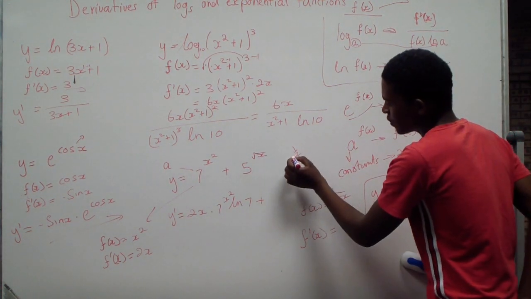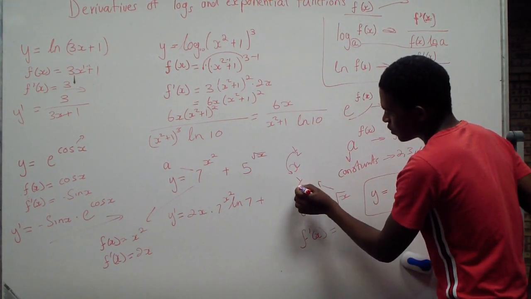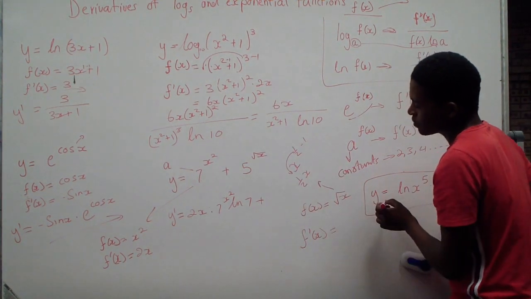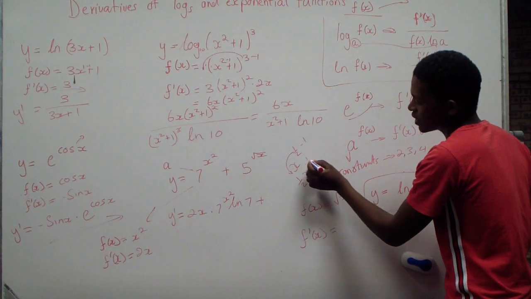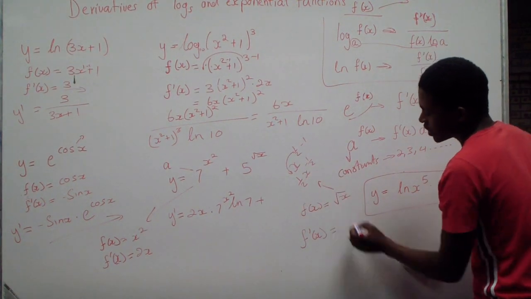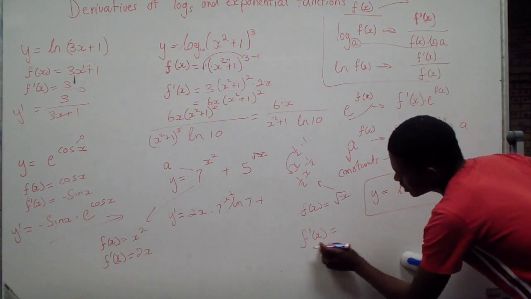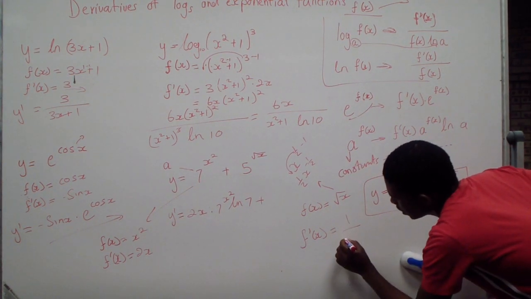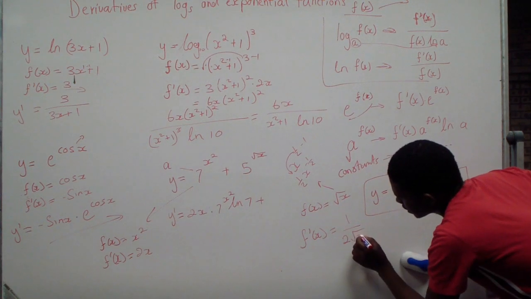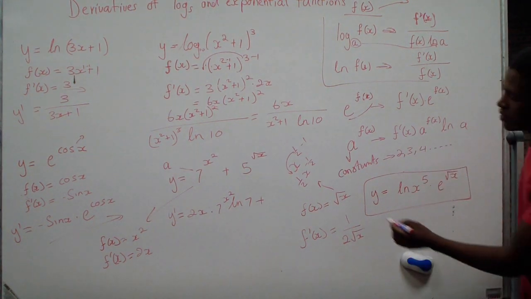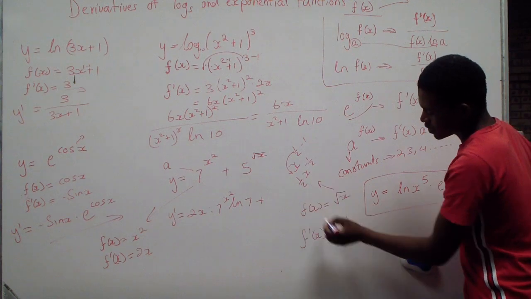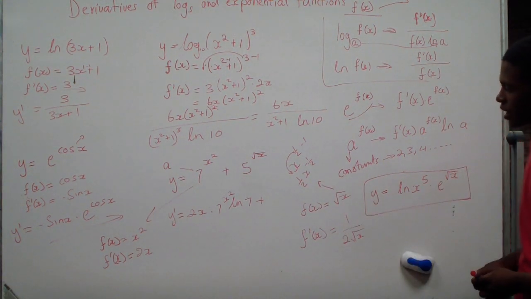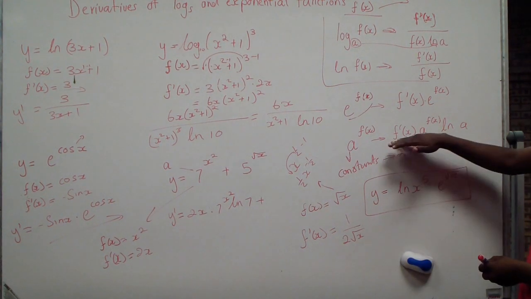So 1 over 2 multiplied by 1, I will have 1 over 2x. When I subtract 1 from my index, I will have a negative 1 over 2. So that means the derivative of my function is 1 over 2 square root of x. I converted this back to its root form. So now I can apply this formula.